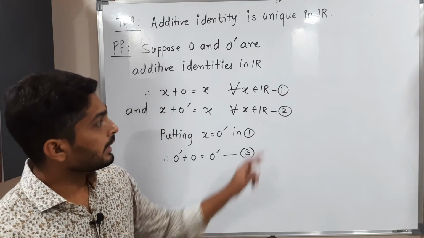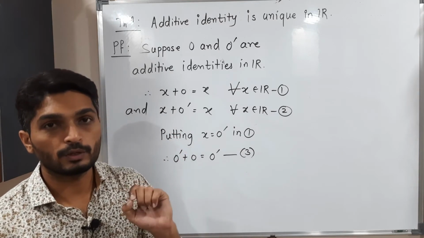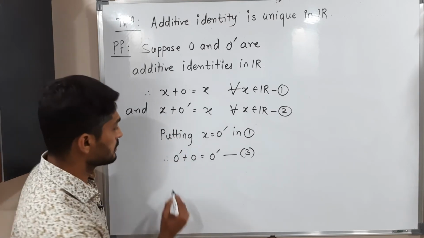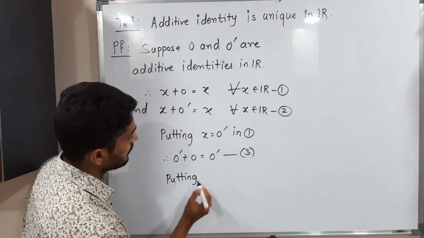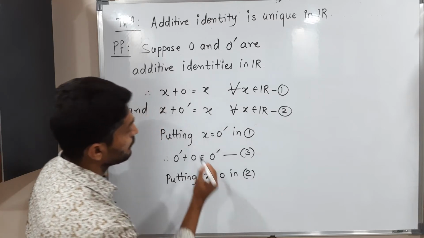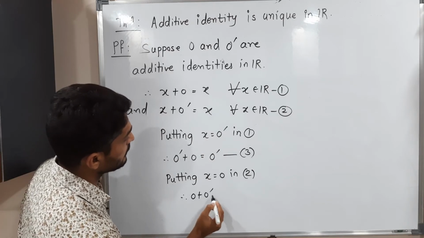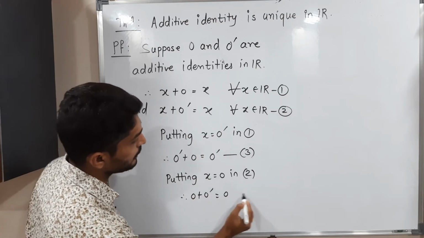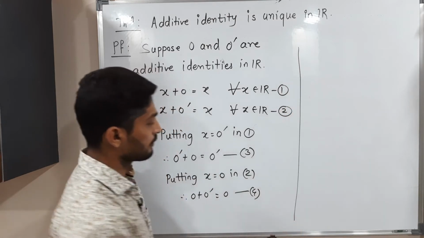And in equation number 2, I am going to put x is equal to 0. Therefore, 0 plus 0 dash is equal to 0. I got equation number 4.